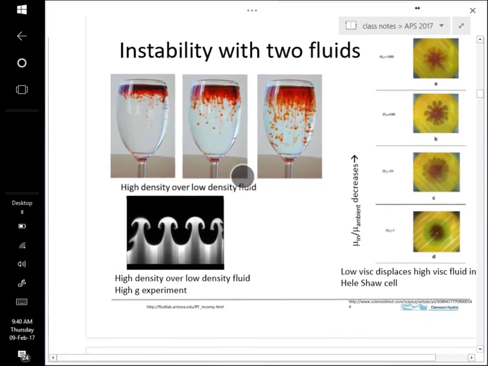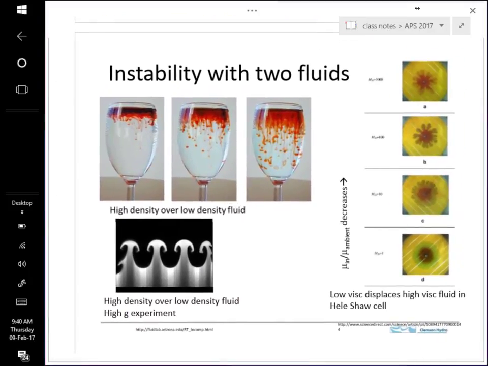You can see another example of that. Here's where what we just saw was fluids where the light fluid is on top of the dense fluid, and that's a stable configuration where you can just have the light fluid floating.